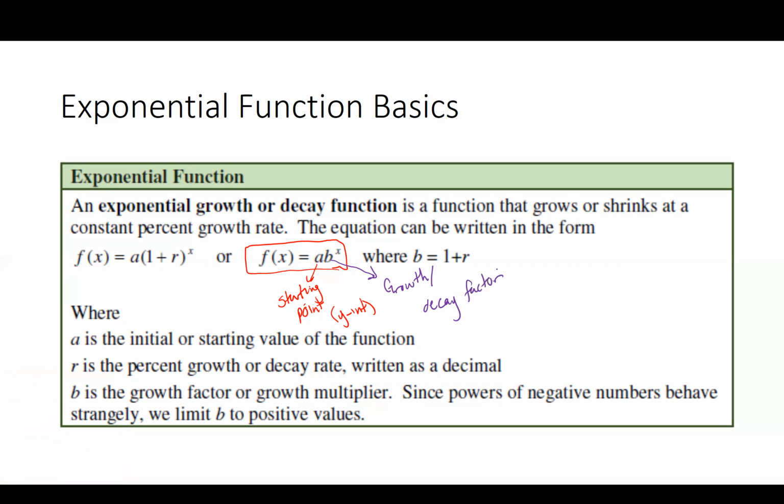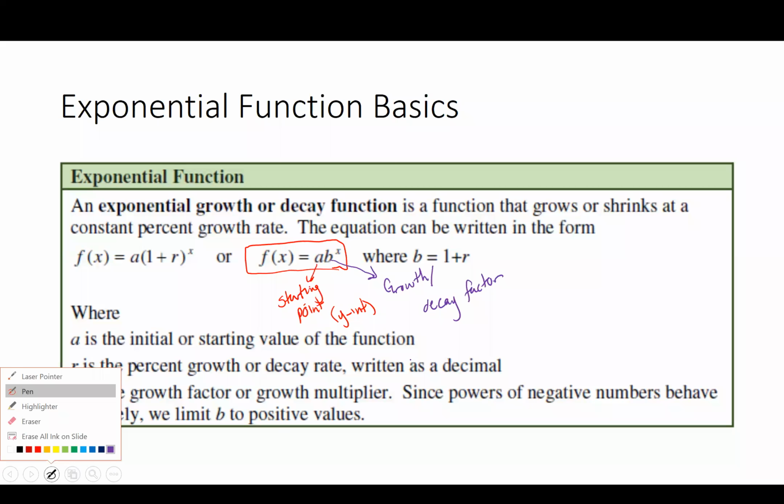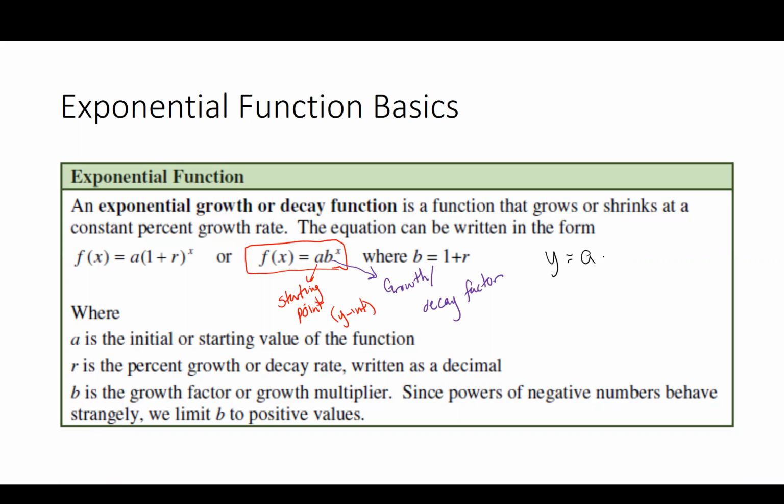Ultimately, whatever b is, if I think about a growth or a decay factor as something that makes my y value either grow or shrink, what you could quite literally do is think about this: if I had something like y is equal to my starting point times my growth or decay factor, say to the 5th power, in this case, x is going to be equal to 5.